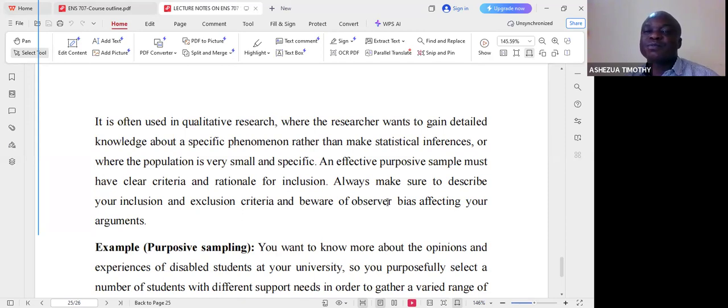An effective purposive sample must have clear criteria and rationale for inclusion.